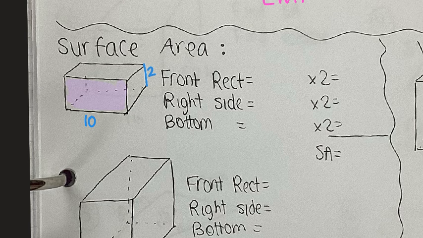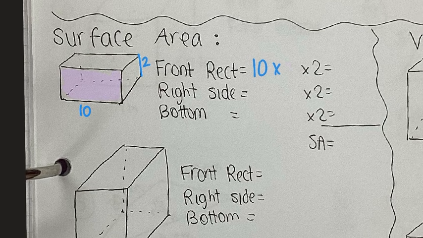Sometimes that 2 is kind of confusing on what I'm talking about, so I might label it back here because I have more space. It's all a 2. Okay, so I'm going to go back and erase some of that. So I've got a front rectangle that is 10 and 2. 10 times 2 is 20. Double that because I also have a back rectangle that matches it. So 10 times 2 is 20, doubled is 40.